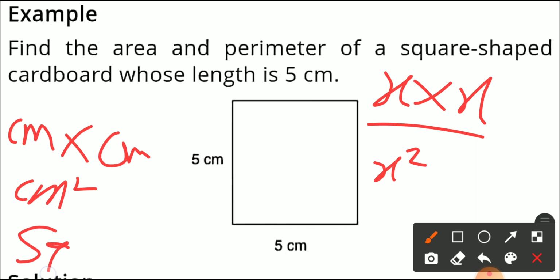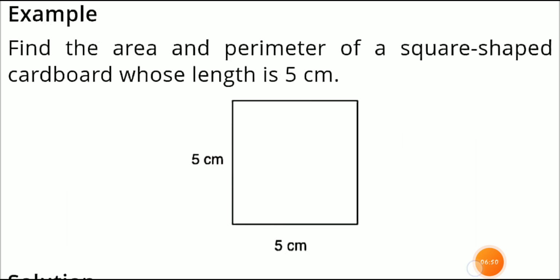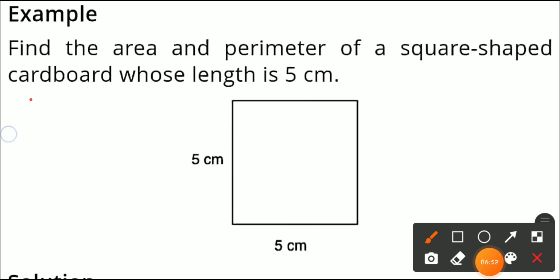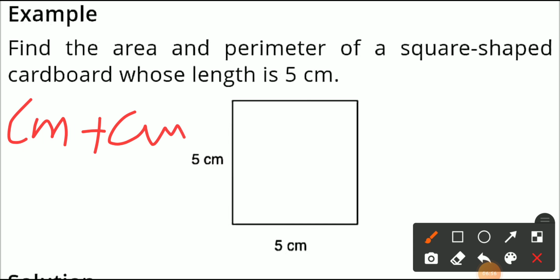In written form we write it like this, sq cm. Whereas in the perimeter, we are adding centimeter with centimeter with centimeter with centimeter. So however many centimeters you add here, you will get only centimeter, not centimeter square.